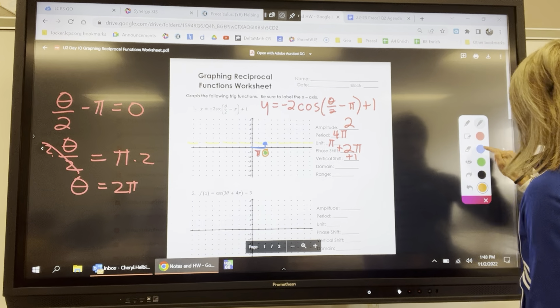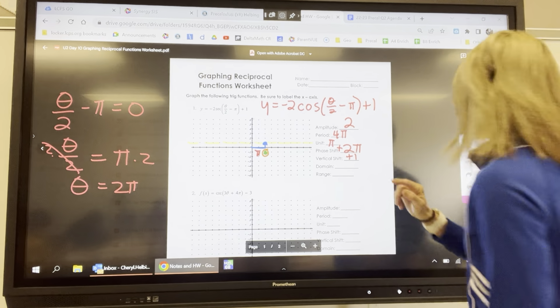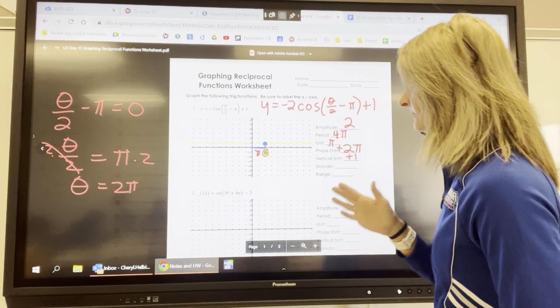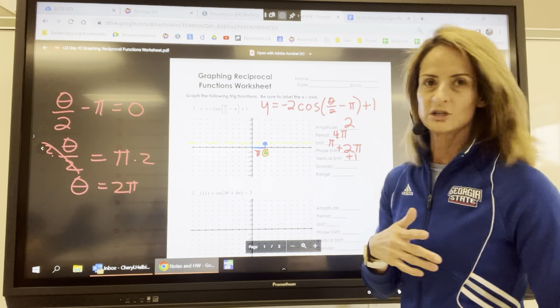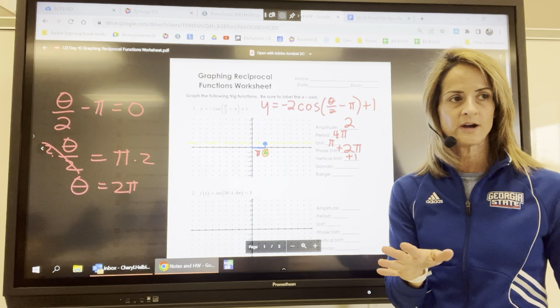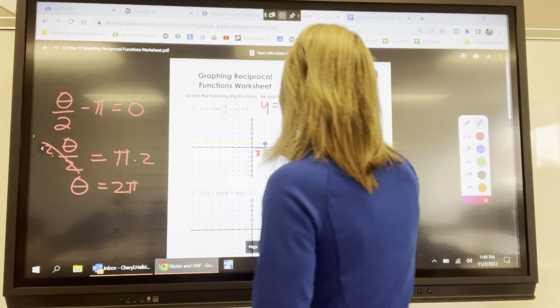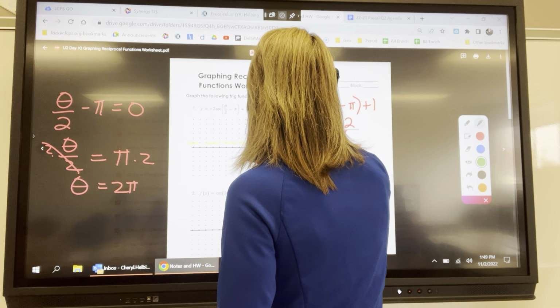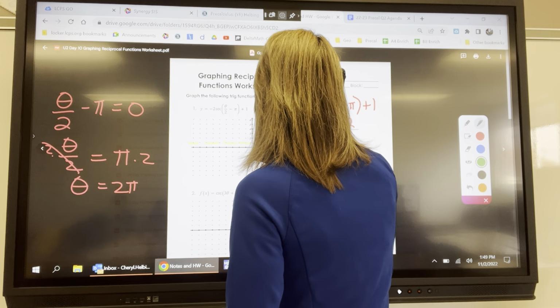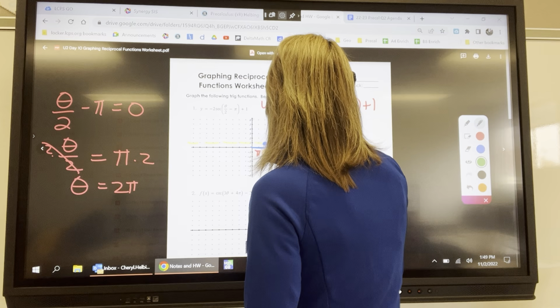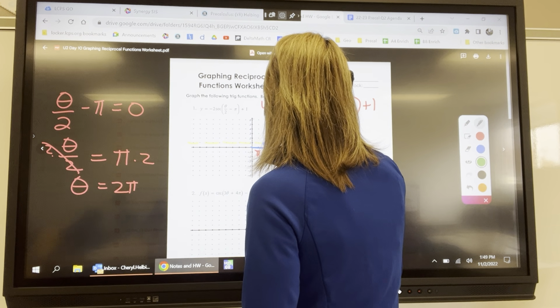Okay, so now we've got our starting point. So from there, I'm going to just plot my points in. I'm not going to draw the graph, I'm just going to put the points on the graph. So low, 0, high, 0, where am I? Low, 0.